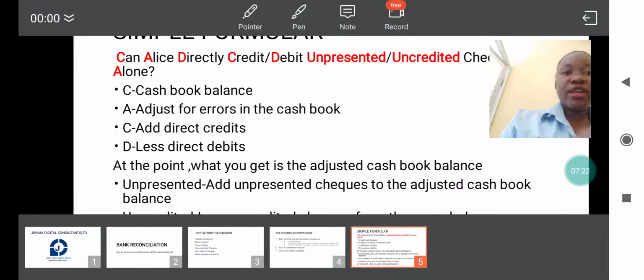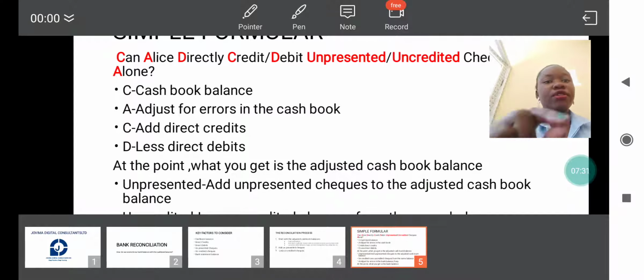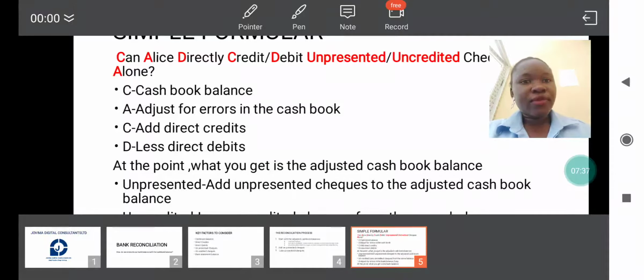The beginning letter of each word has been highlighted, and that's where my interest is. For example, the C from "Can" looks at the cash book balance. That's where we start from.